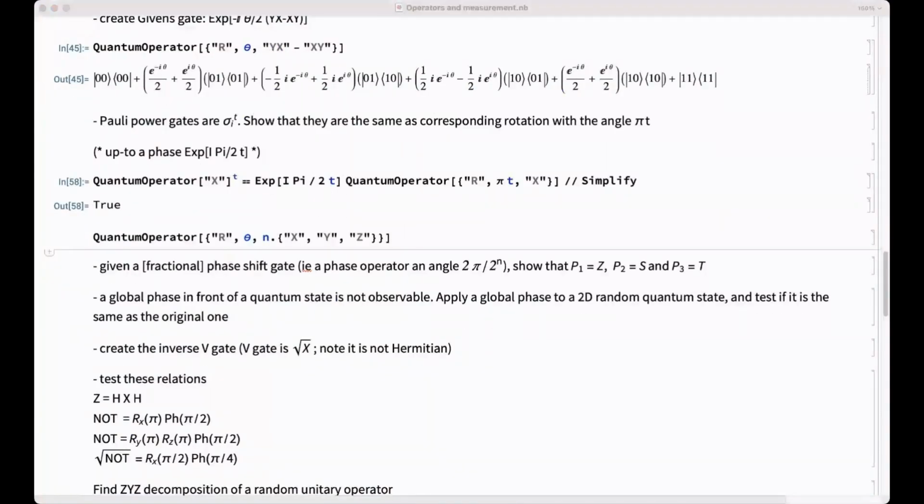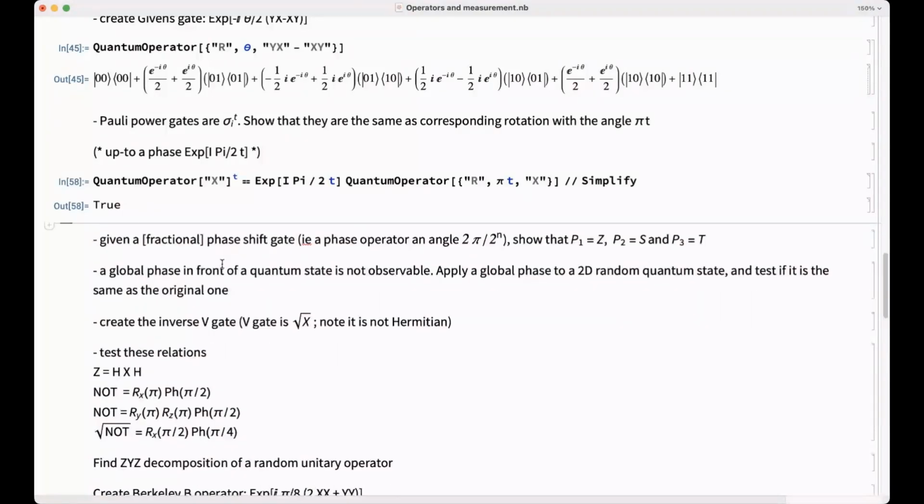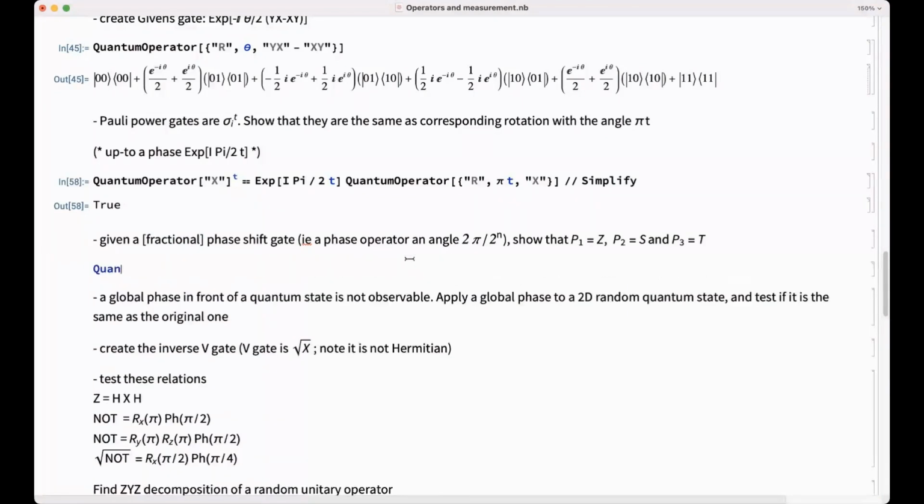Okay. Let's see. Another interesting thing that you would see among all the operators in the literature, sometimes they call it the fractional phase shift gate, which is basically a phase operator with 2 pi over 2 to the n. So how can we do this? Phase shift.